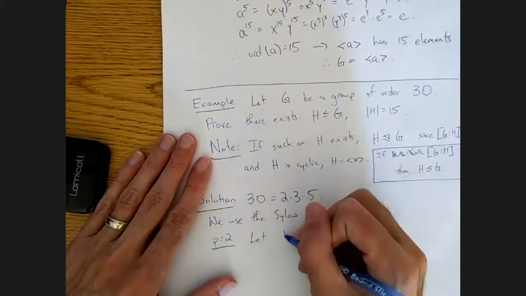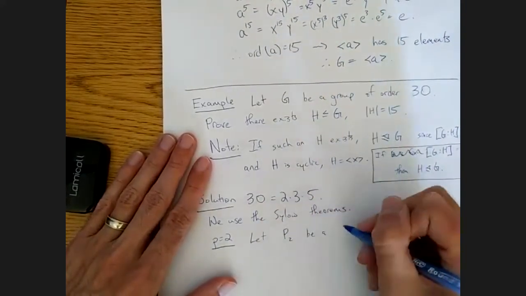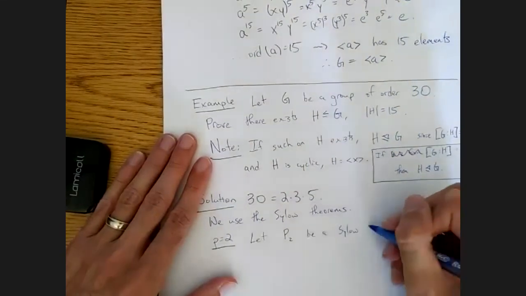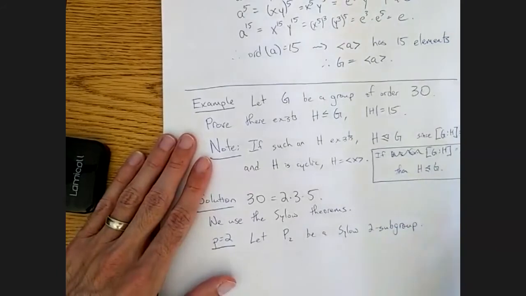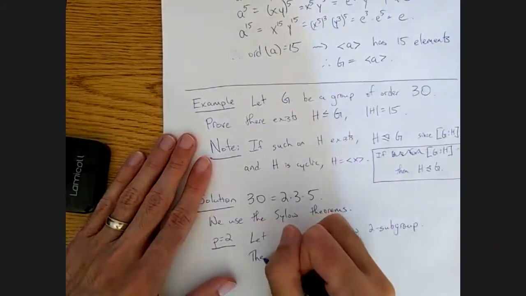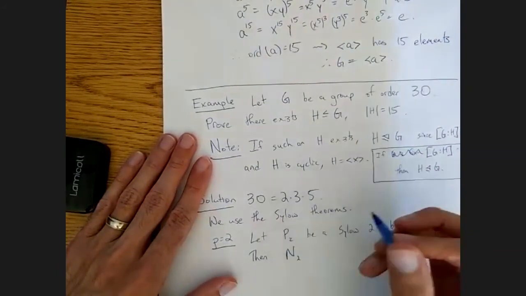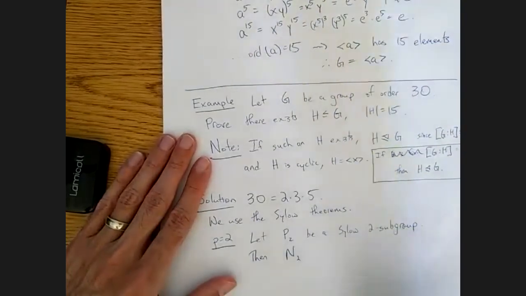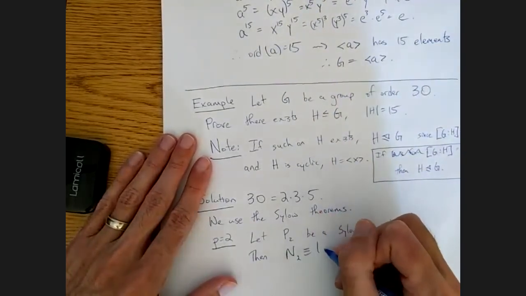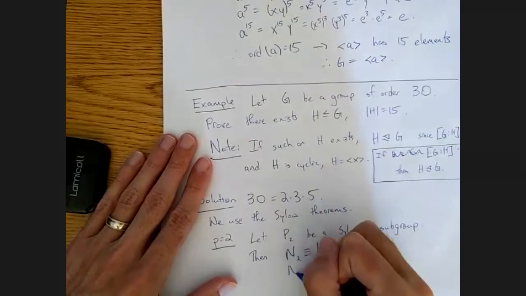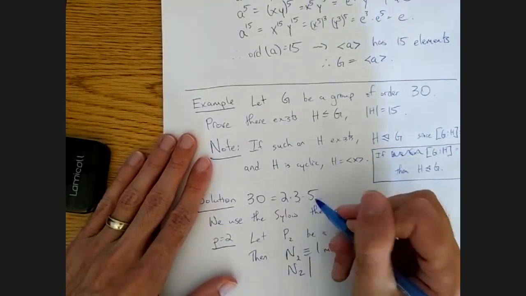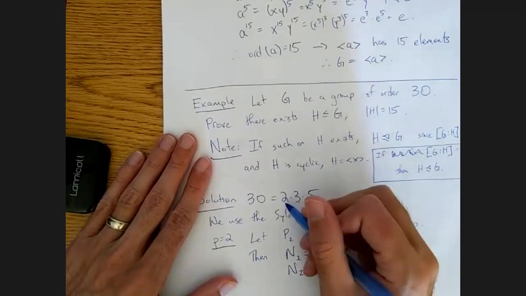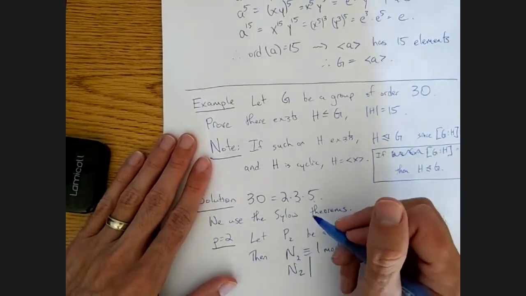Let P2 be a Sylow 2 subgroup. And N2, the number of Sylow 2 subgroups, is congruent to 1 mod 2, and N2 divides 3 times 5, because we factored 30 into prime powers.